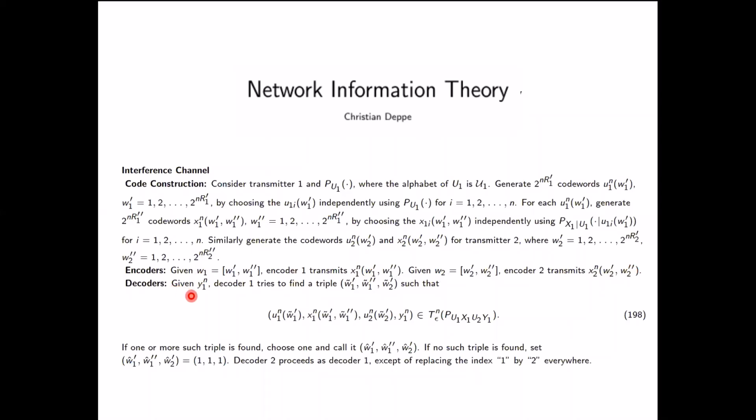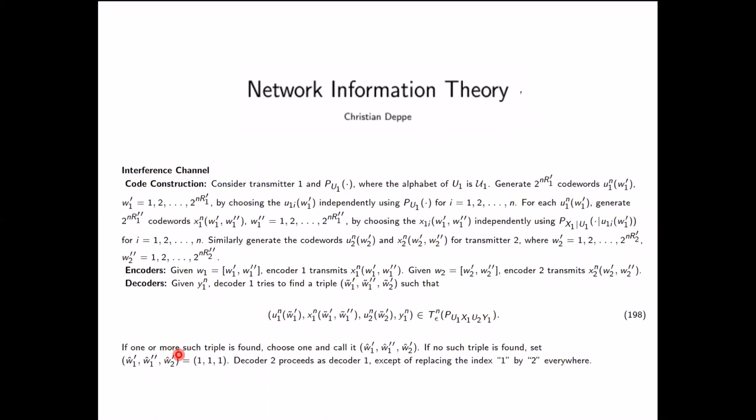Now the decoder is given some Y1^n, so decoder 1, and he tries to find now this triple, tilde of W1', tilde of W12', and the extra thing here is also tilde W2', such that this is jointly typical, concerning the joint distribution of U1, X1, U2, and Y1.